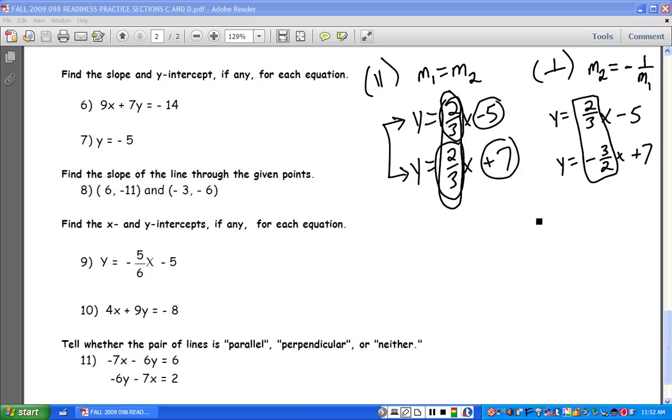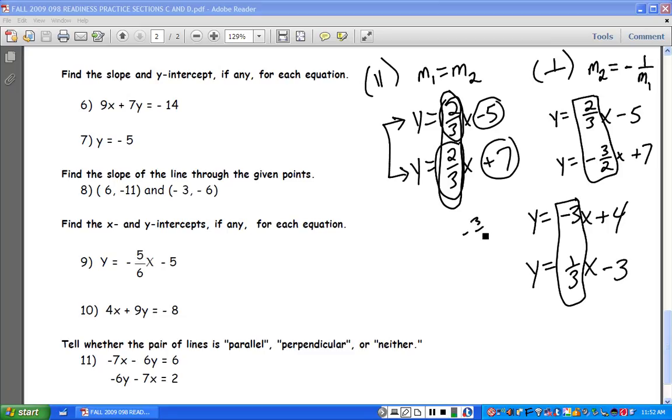Let me show you another one. y equals negative 3x plus 4, and y equals 1/3 x minus 3. Again, once we've solved the equations for y, all we care about are the slopes. My first slope is -3. Now 3 is really 3 over 1.